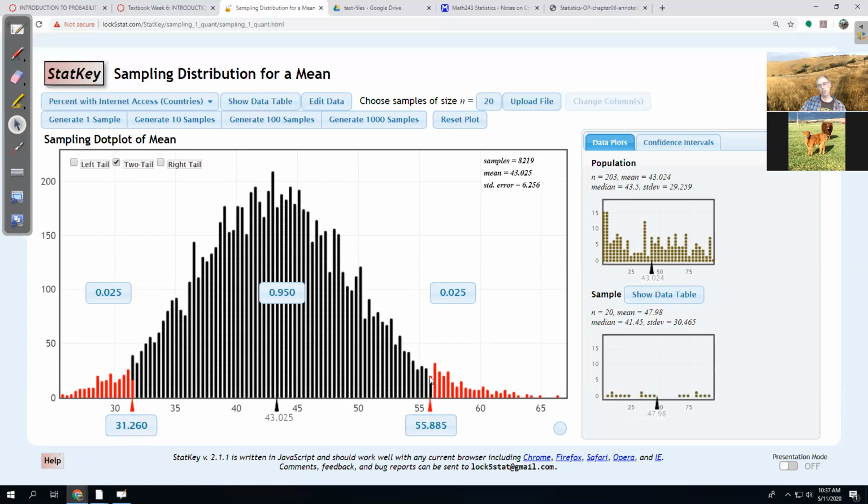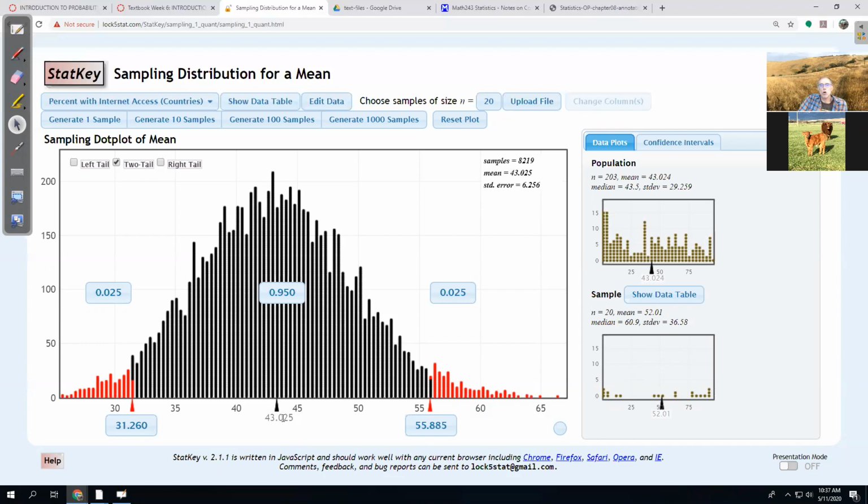So this simulation is saying, well, we think the average percentage of people by country that have internet access is about 43%. So on average, about 43% of the citizens in any country should have internet access. Some countries have more, some countries have less. This is the average.